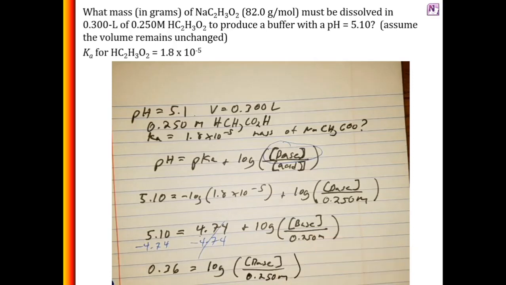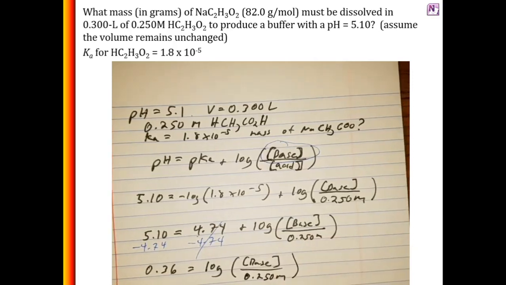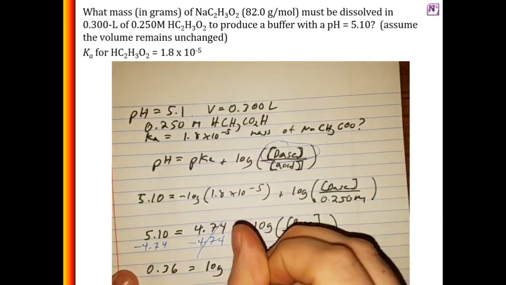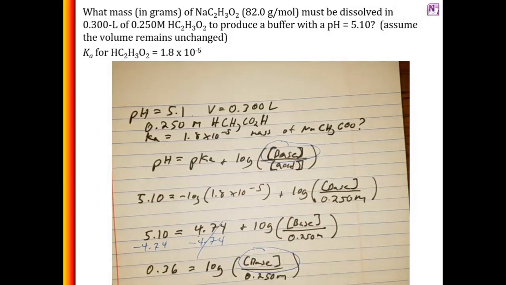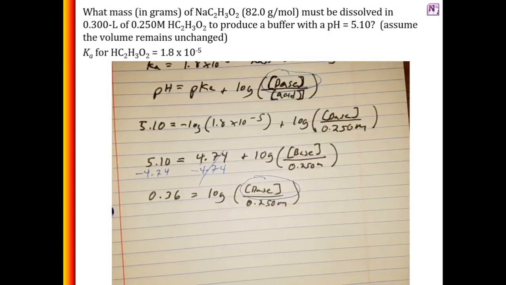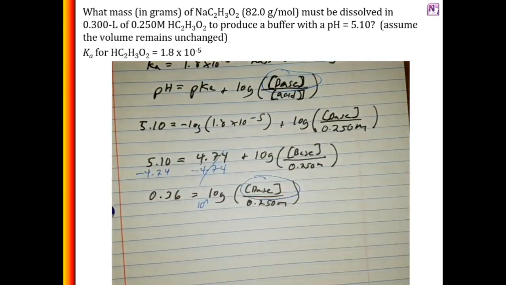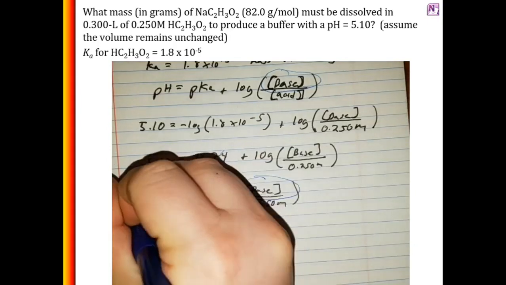So again, we're after this piece of information. We want to know what concentration of our base I need. So we need to get rid of this log. I can't really do anything with the log right now, I just need to get rid of it. So I'm going to say 10 raised to the log of this side, or 10 raised to that side, and then 10 raised to 0.36.